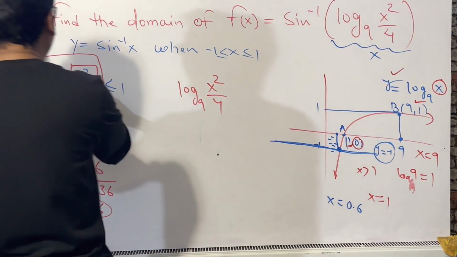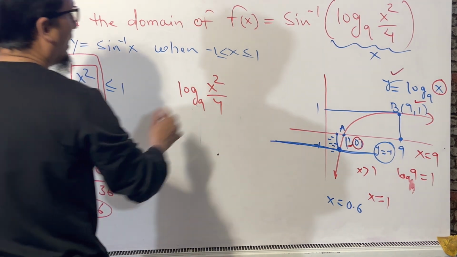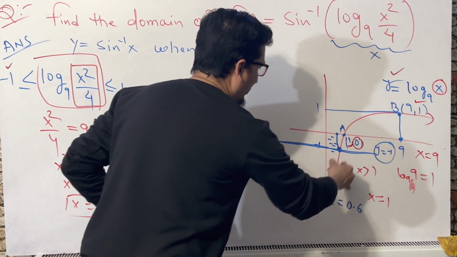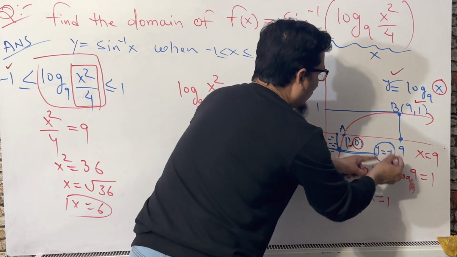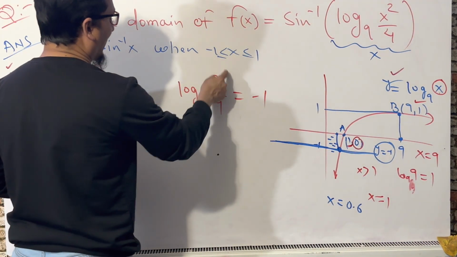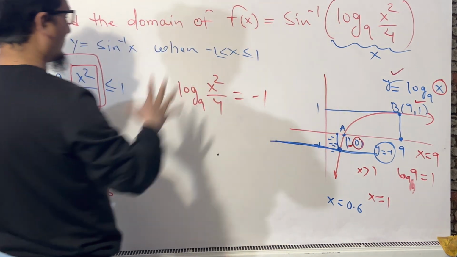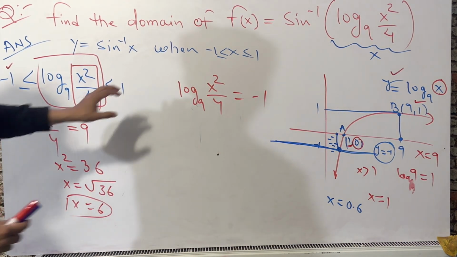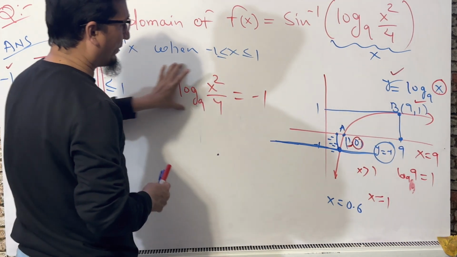The same thing will be the graph of log base 9 of x squared by 4, and I'm talking about this graph. So y is equal to -1. What value of x do I plug in so that the whole value is equal to -1? You understand? The whole thing, you can find it, right?